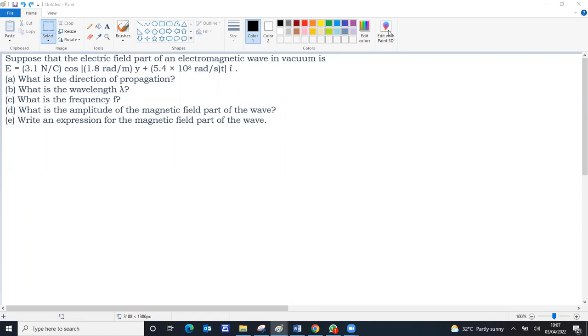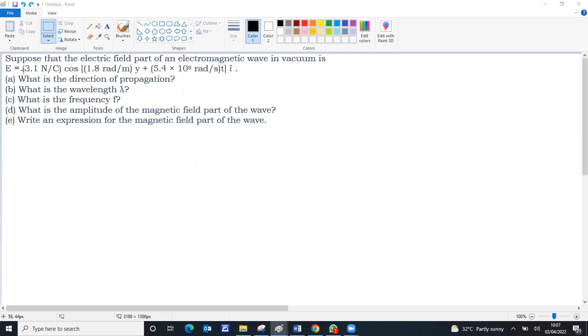This is a very important question, repeatedly asked for the board from electromagnetic waves. The given expression for the electric field component of an electromagnetic wave, and we are asked to identify the direction of propagation, wavelength, frequency, amplitude of the magnetic field component, and an expression for the magnetic field part of the wave.